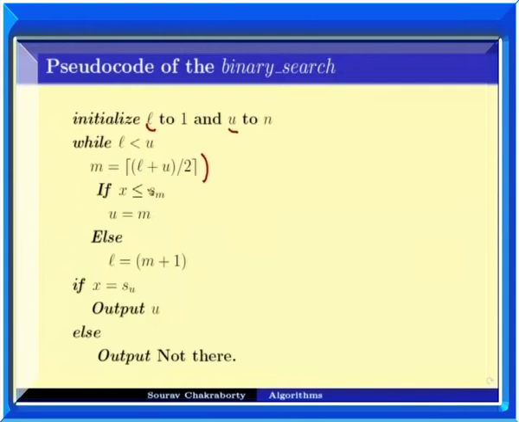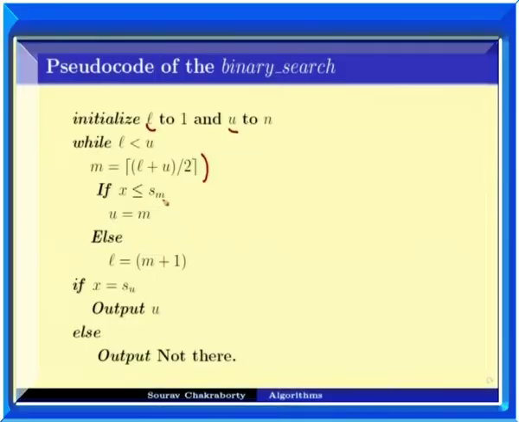If x is less than S m, the mth element, in that case we know that x cannot be on the right side. Everything on the right side of S m is greater than S m, because the set S was an increasingly ordered set. Thus, we can clearly lower our upper limit to m. So, after this round L will still remain as 1 and U will become m.